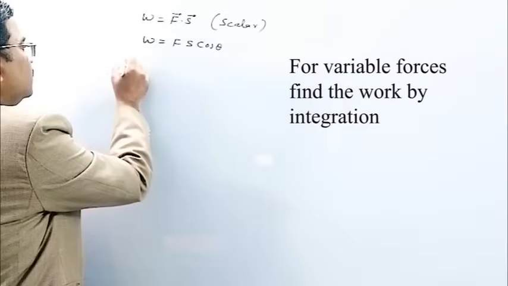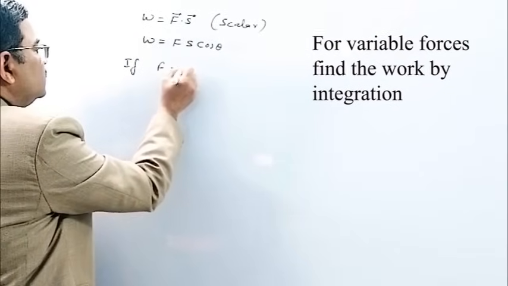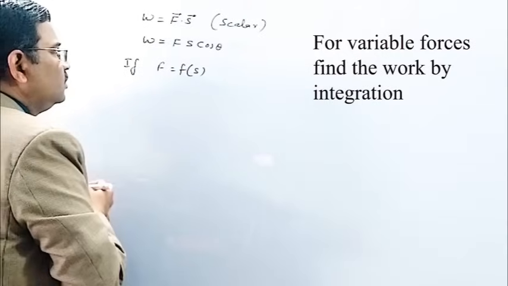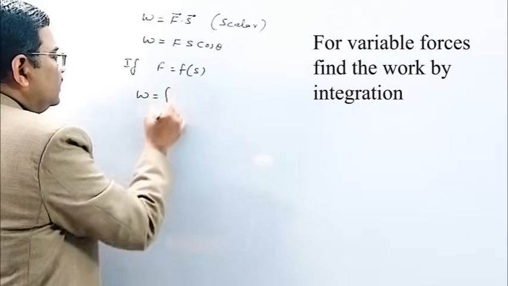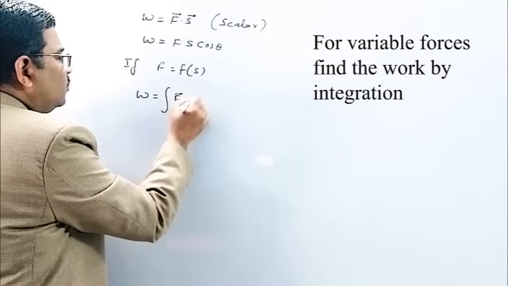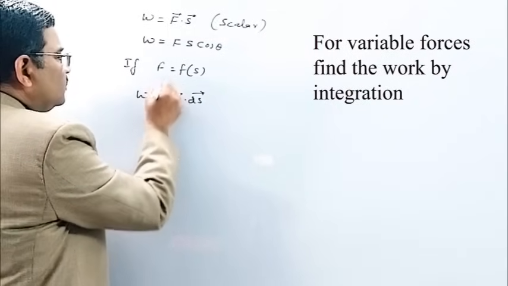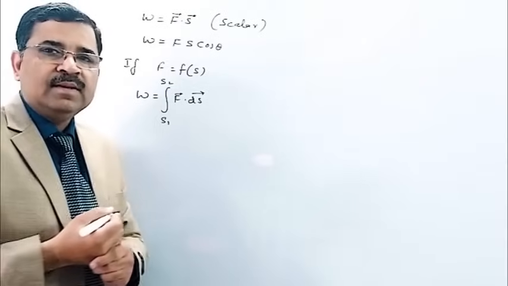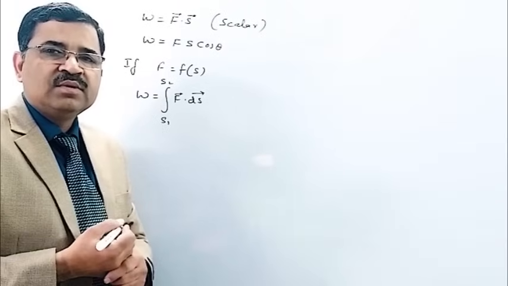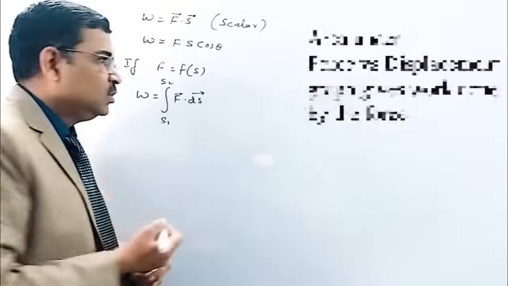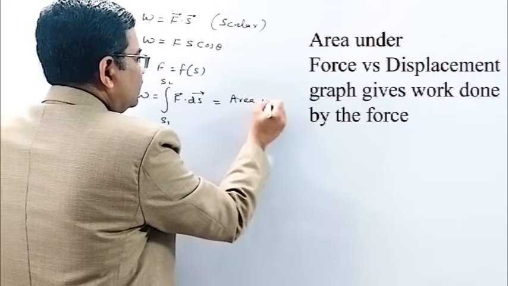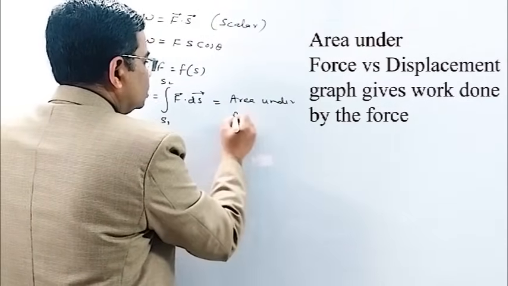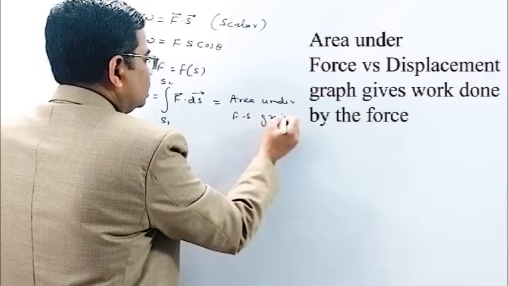So if force is a function of position, S is position, then work is given by integration of F dot ds from S1 to S2. And students, integration means area under the graph. So I can say that work is given by area under force displacement graph.